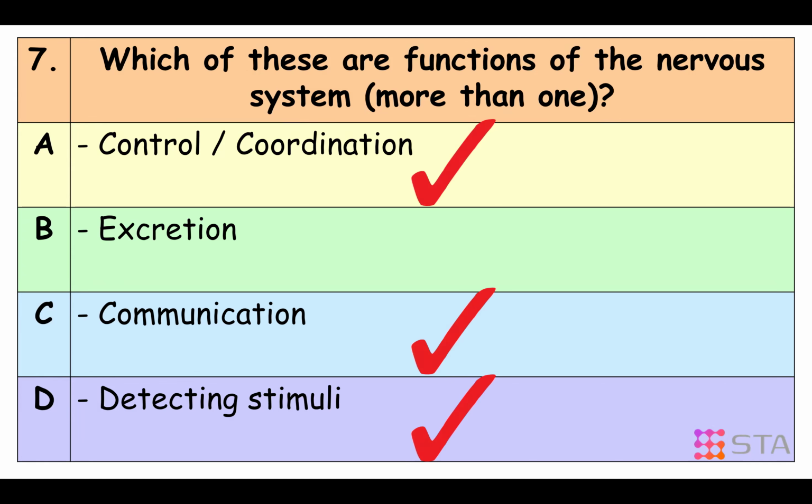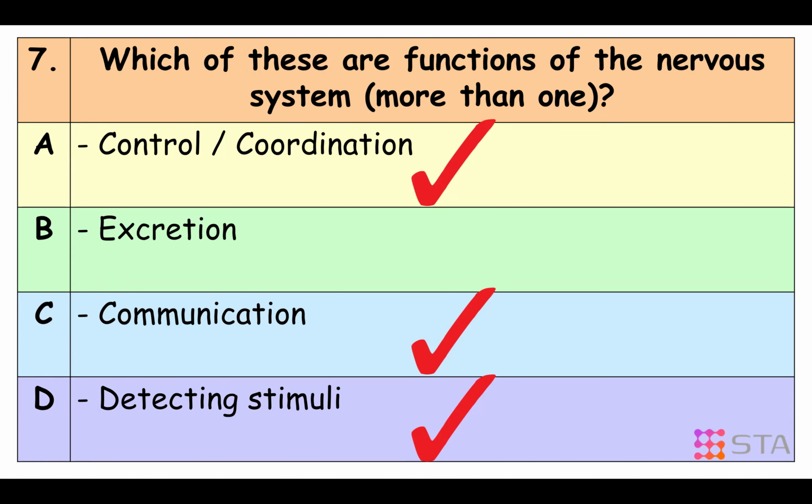And the answers are as follows: control and coordination, communication, and detecting stimuli. Excretion, which is getting rid of waste, is not really the function of your nervous system.